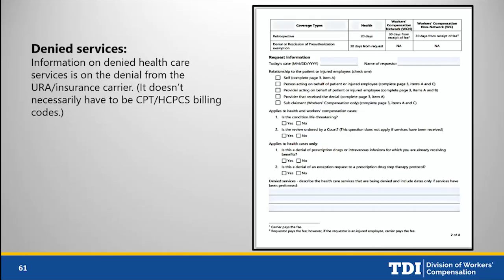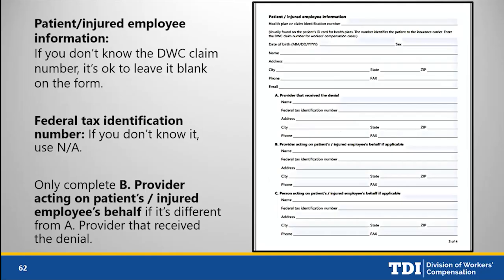But if you have it, please include it. It's going to help. Hopefully, the adverse determination is going to have that DWC number on it. And there are sometimes questions on the federal tax ID number. If you don't know the federal tax ID number for the provider, you can place NA.